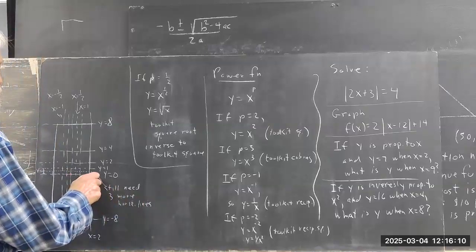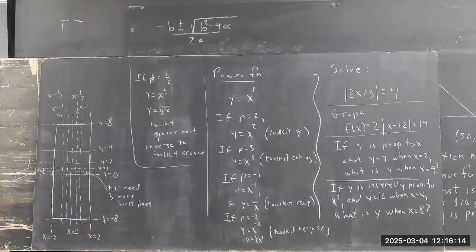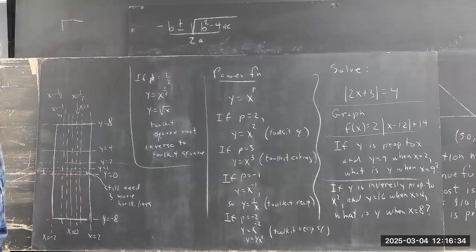We still need 3 more horizontal lines. And that last one is gonna be really, really close to the x-axis, isn't it? So we don't need to try to draw them. We just understand that they're there, and the last one is really, really close to the y equals 0 line, right?